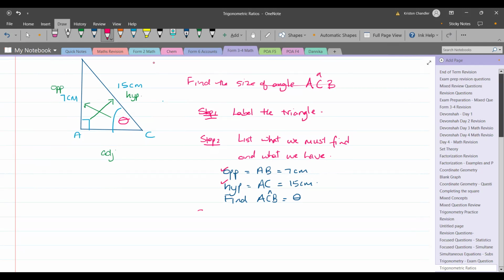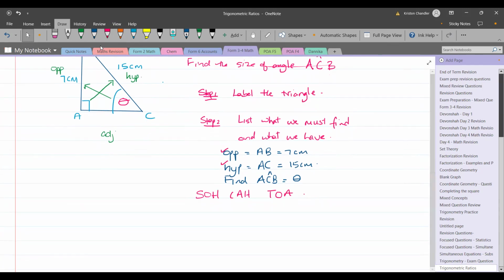At this point, I will write, although we know we're going to use sine here, right? I'm just showing you how to do it generally. If you don't know that I said we're going to be using sine. So usually what we will do is we'll write out our 3 formulas. SOHCAHTOA is what we'll use to remember sine, cosine, and tan. And we are looking for one of these formulas that have both O and H in it. Sine has O and H. Cosine has only H, so we can't use cosine.